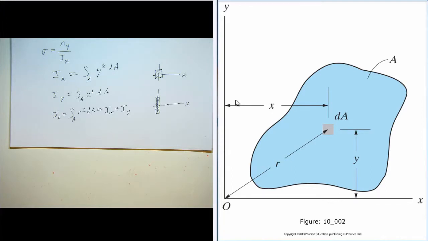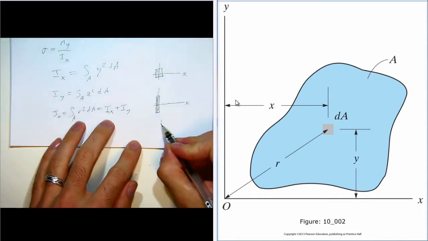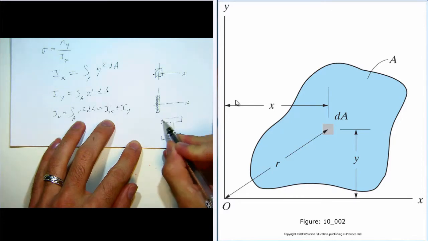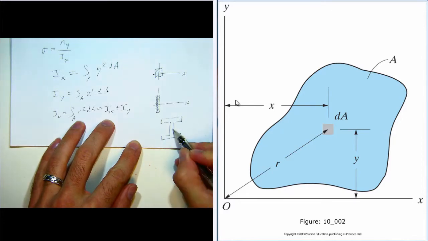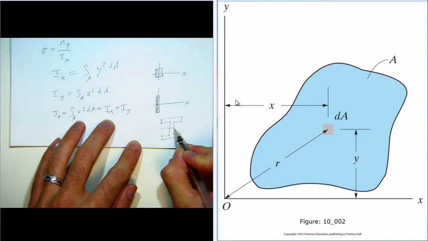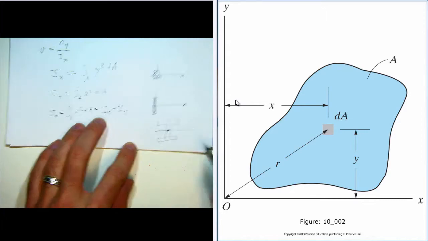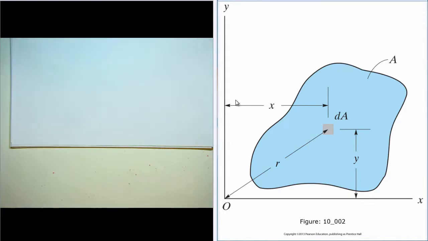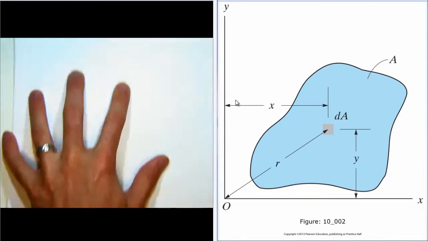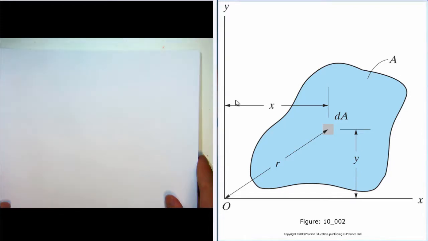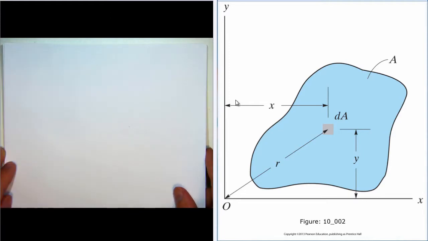For example, with a composite body, say we have an I-beam, we could find the moment of inertia of this part and this part and this part all about this axis, because this is the centroid of the I-beam. So whenever we want to find the moment of inertia about an axis other than the principal axis, we can use the parallel axis theorem.